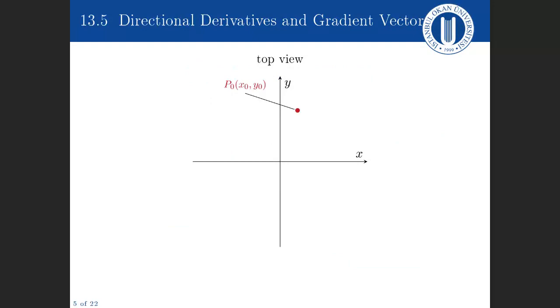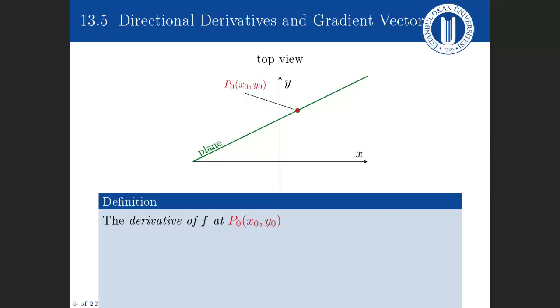Let's have a look at a top view. Let's suppose we're looking down from the top. And we can see the x-axis and the y-axis, and we have a point P0 in the xy plane. Now, if we're looking down from the top, a plane just looks like a line. And then we can ask, what is the derivative of f at the point P0 in the direction of a unit vector which is pointing in the same direction as this green line?